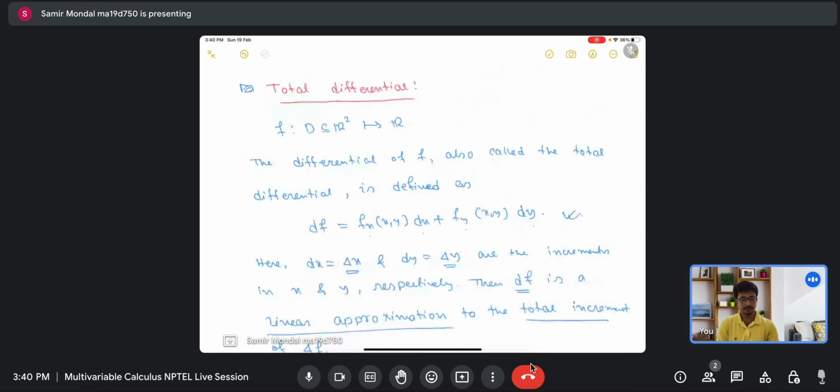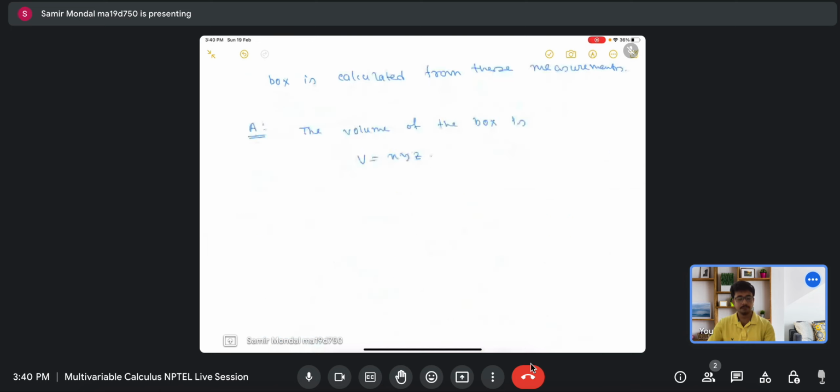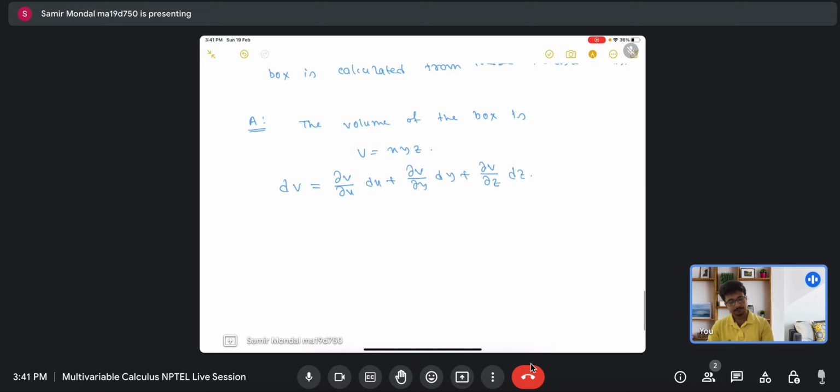Here we have mentioned the total differential for two variable functions, but this concept we can generalize for n variable functions also. Here V depends on three independent variables x, y, z, so this is a three variable function. For a three variable function, the total differential dV is the partial derivative of V with respect to x times dx, plus del V del y times dy, plus del V del z times dz.